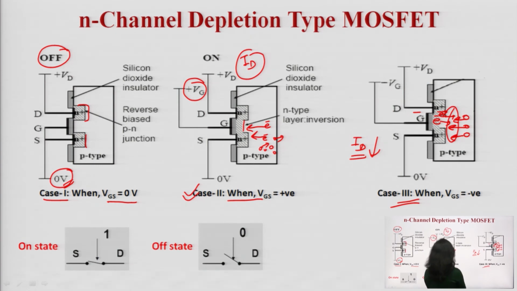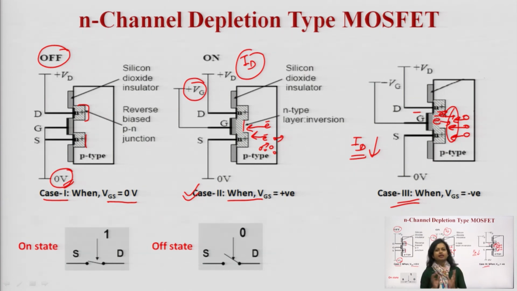So if you increase this negative potential when VGS is negative, the drain current will keep decreasing. More recombination happens and current decreases, and up to a certain voltage this current will decrease sharply. That particular voltage is denoted by VT.